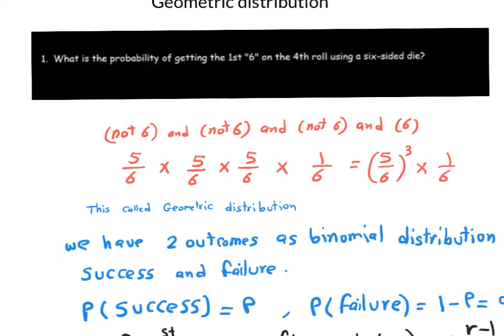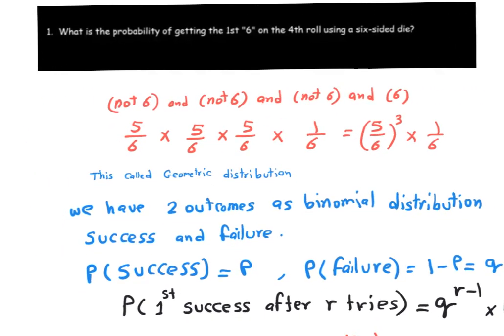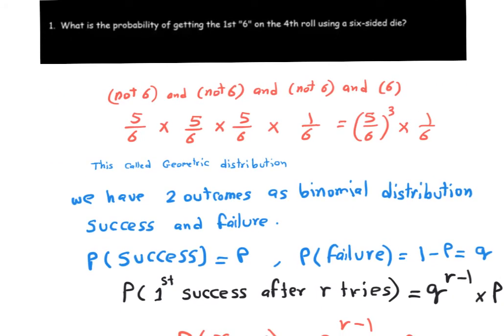Like binomial, in geometric distribution we have 2 outcomes: success and failure.